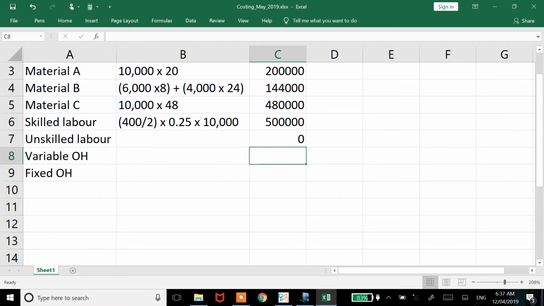So if I don't have any extra information, all variable costs are relevant, all fixed costs are irrelevant. That's the rule of costing. If you give me extra information, a variable can become irrelevant, a fixed can also become relevant. So in this case, 10 per unit, so 10 into 10,000 is the variable overhead.